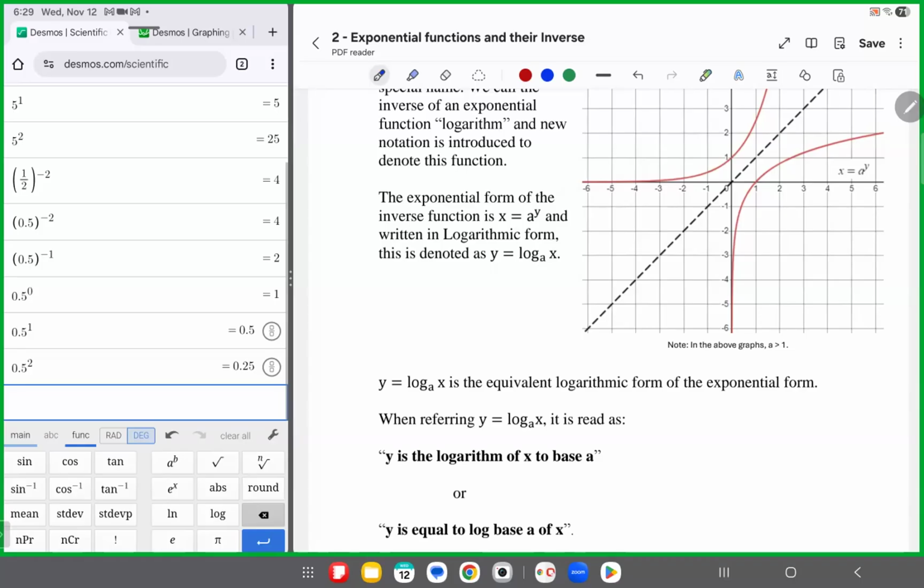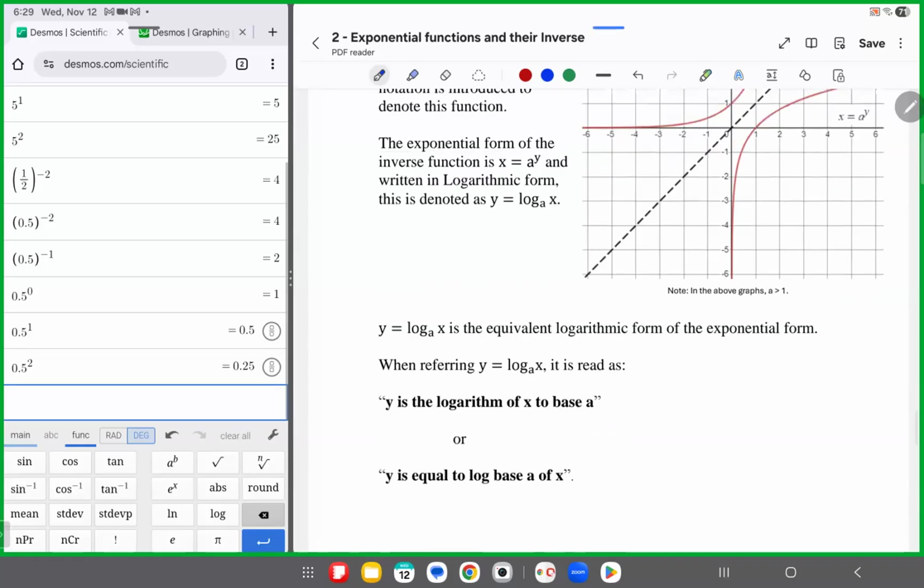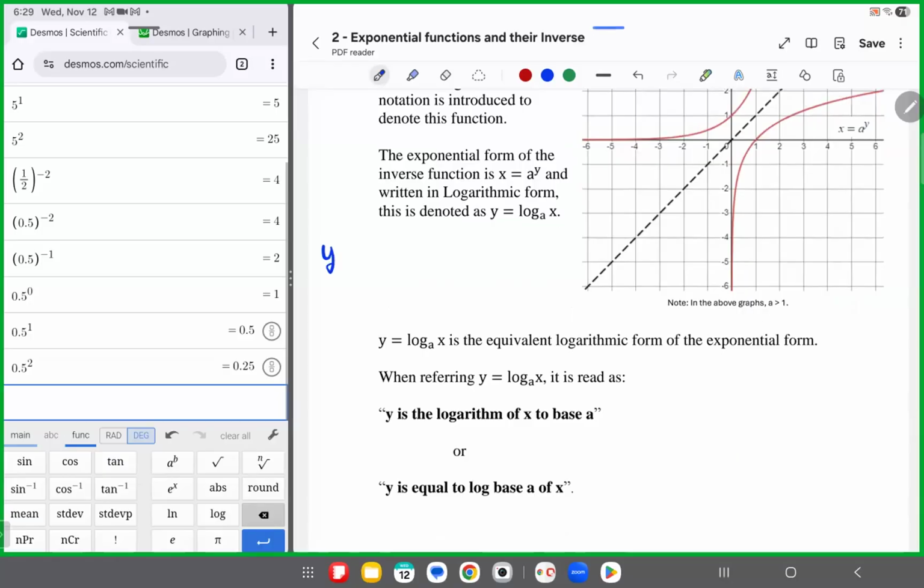Okay? And so if you see y is equal to log base a of x, this is equivalent to x is equal to a to the power of y. Okay?